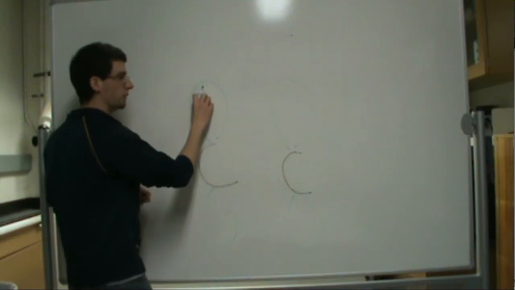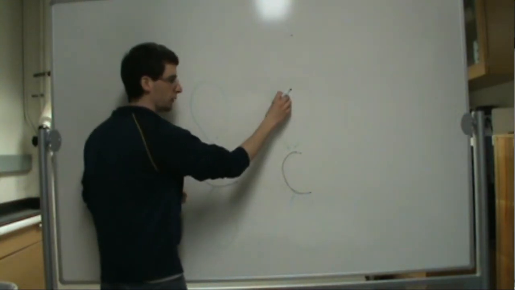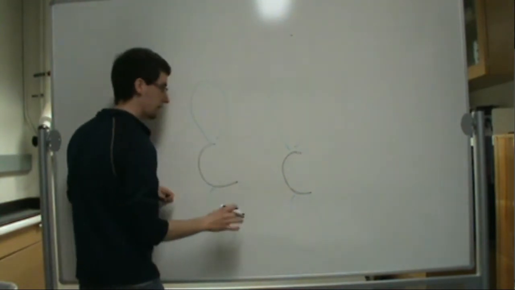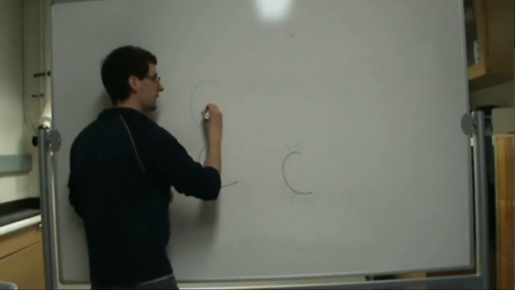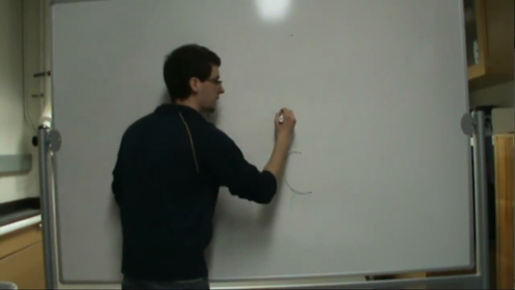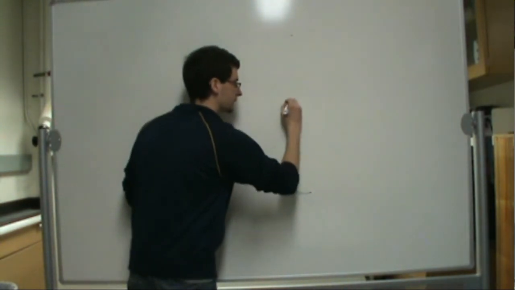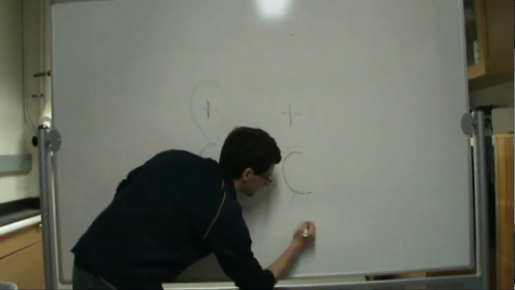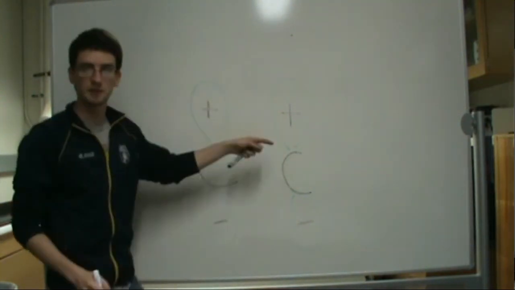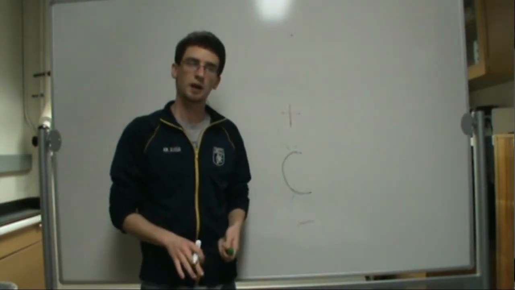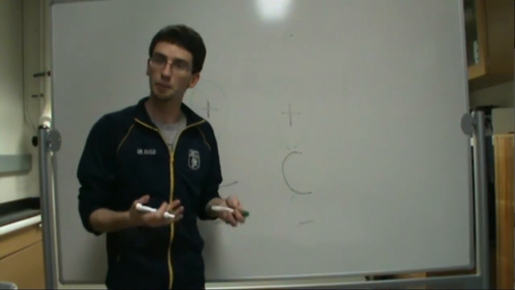So one lobe of the p interacts with the top lobe of the other p, and the bottom p interacts with the bottom lobe of the other p. So let's call this, we're going to denote these with signs which come from quantum mechanics. This will be a positive side of the lobe, and this will be a negative side of the lobe. And since they have the same sign, what ends up happening is there's constructive overlap, or it forms a bond.